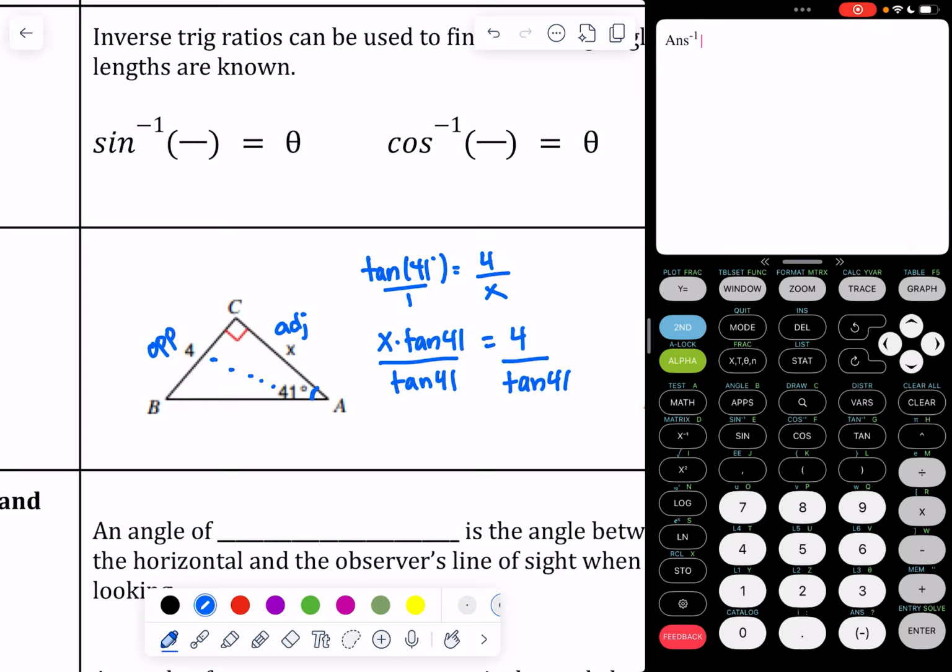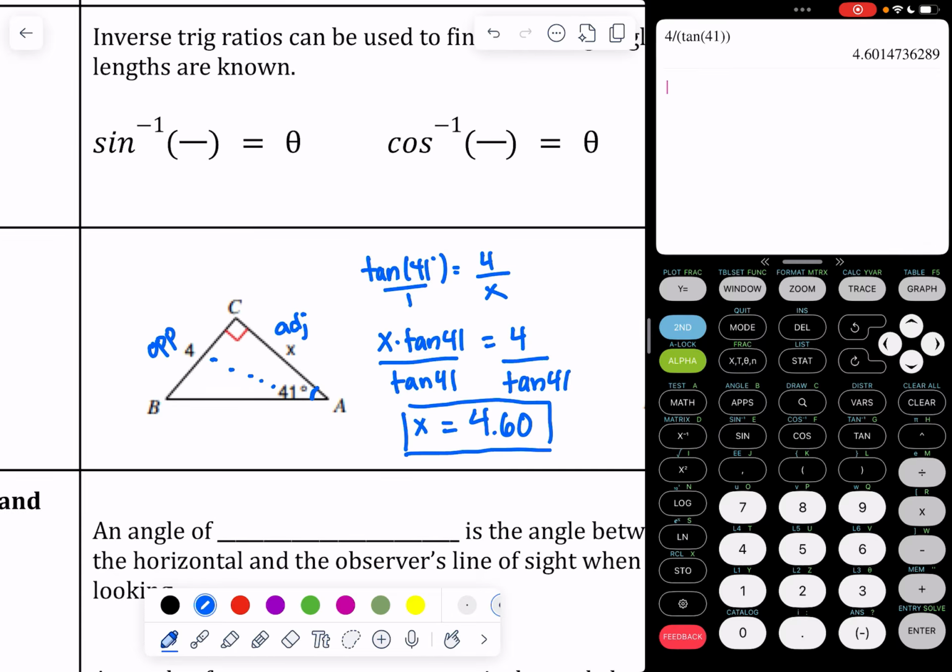And I'm not going to evaluate yet what tangent of 41 is. I'm just going to keep it exact like this as tangent 41, since we don't want to have to round in the middle of our problem. So when we do that, we get x equals 4 divided by tangent of 41, and we get 4.60 for this one. All right, there we are.